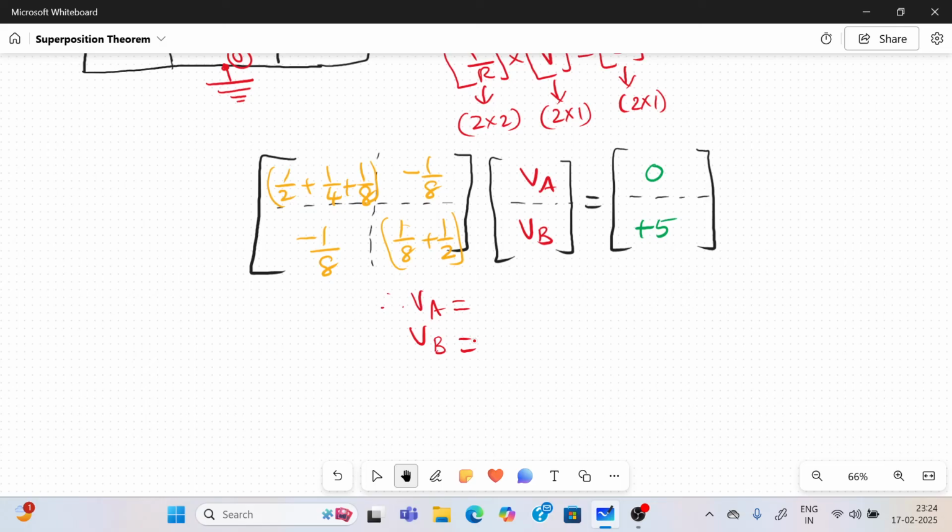The values are 2 inverse plus 4 inverse plus 8 inverse, then minus 8 inverse, 0, minus 8 inverse, 8 inverse plus 2 inverse, then 5. The voltages are 1.18 volts and 8.24 volts.